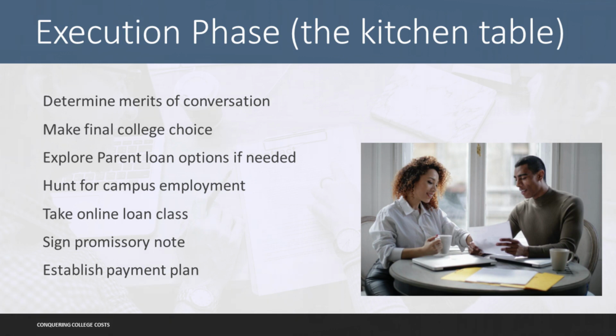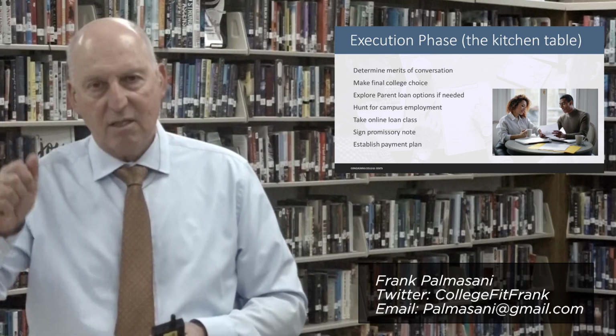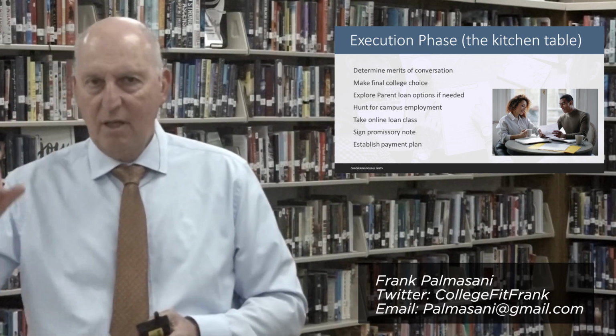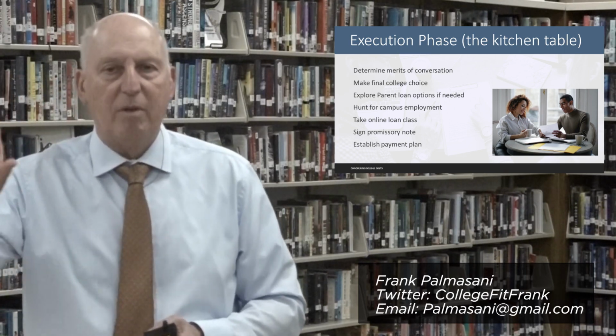You've done all of the work. You've gotten to column 4, but college A is the number 1 choice. And yet you know B's affordable and C's affordable and D's affordable, but A's the number 1 choice, and it seems to be beyond your affordability.